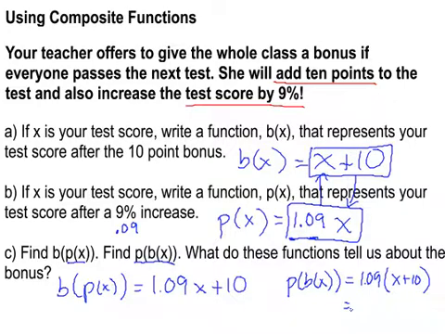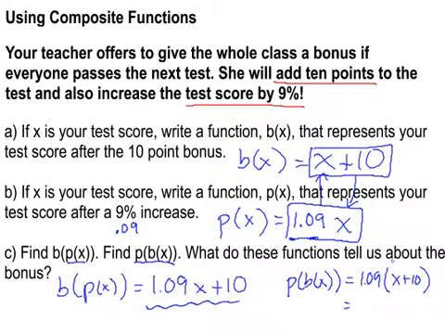By looking at these two functions, we can decide what these functions tell us about the bonus. Is it better to increase your score by 9% first and then add 10? Or is it better to add 10 and then increase your score by 9%?